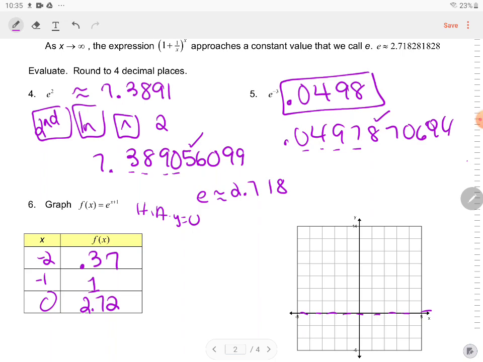We'll graph that first. Negative 2, 0.37. See, negative 1, 1, 0, almost 3. So again, it's an exponential. It will grow like that.